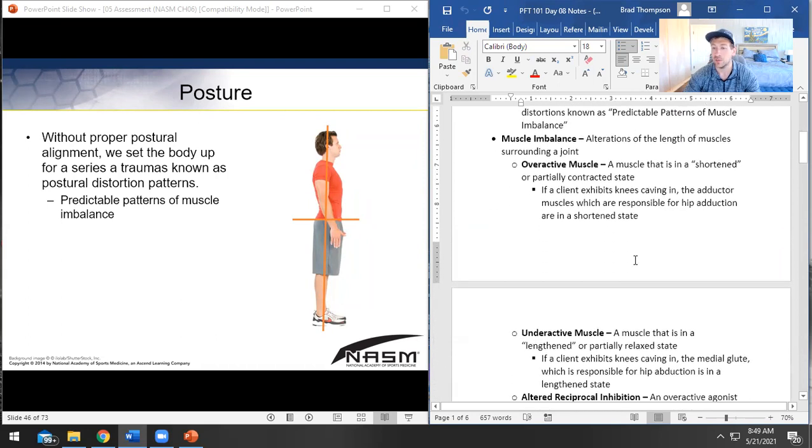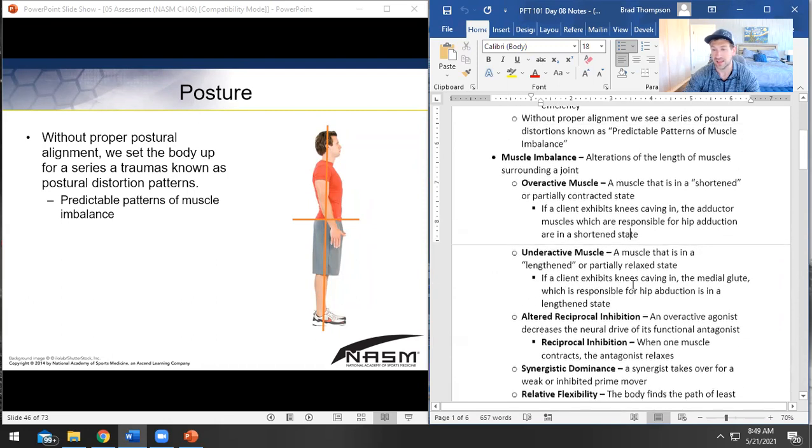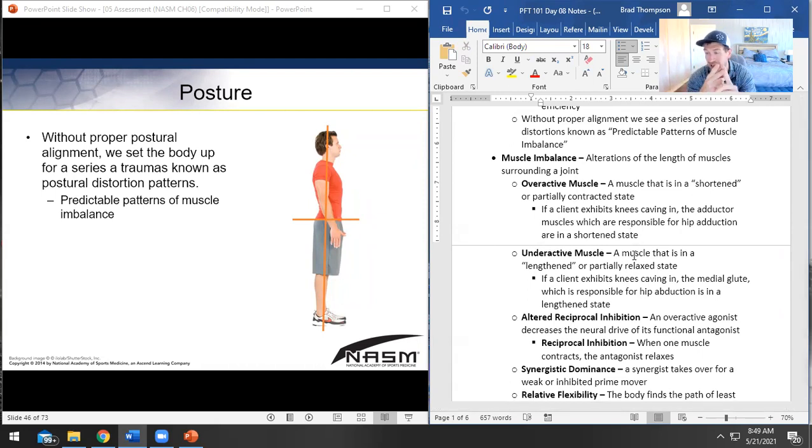And there's a couple of the key ones that we're going to look for. We saw that in the static assessments, we were looking for the feet turning out, the feet flattening. So we see that pronation, the knees caving in, right? We see that knee valgus, anterior tilting. Sometimes we look for posterior tilting, shoulder rounding, and a forward head posture.